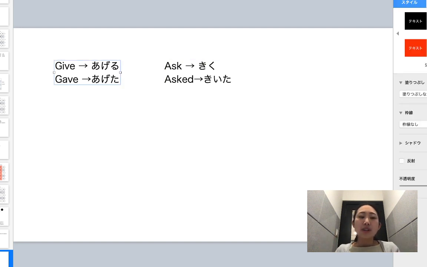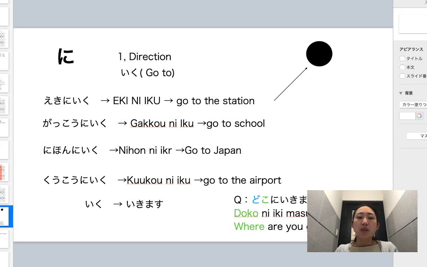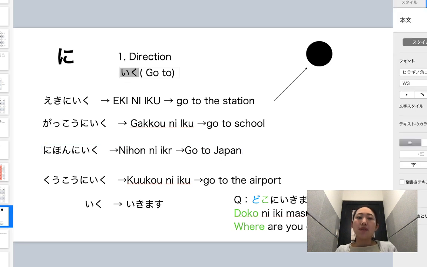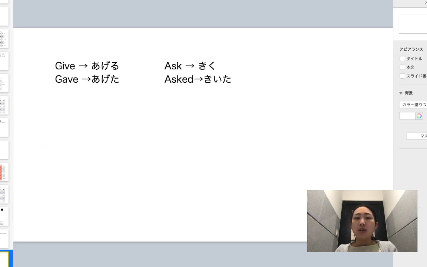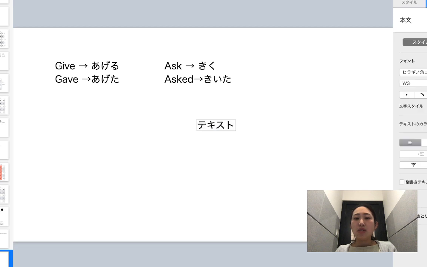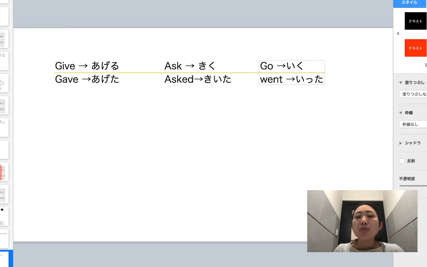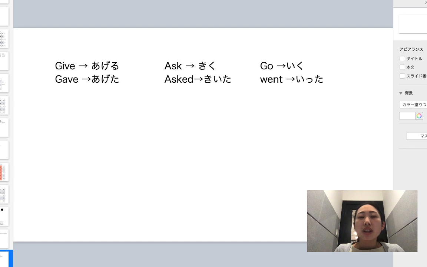And another exception is iku, go to, which we saw last time. So iku, go, is going to be itta. So you put a little tsu and ta, okay?